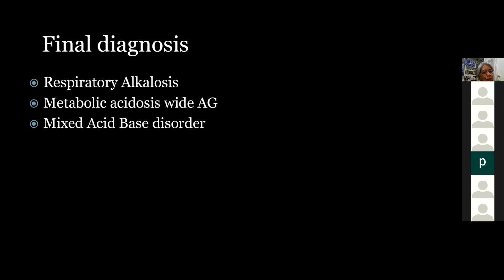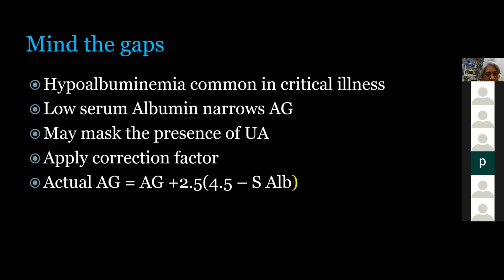So the effect of this on your management is that when you have this wide anion gap, you know that this child is more sick than what we clinically assessed, because this may be coming from part of sepsis, and that is why the anion gap is wider. So you would be more careful and aggressive in the management of this child. Hypoalbuminemia is common in critical illness. It is not just nephrotic syndrome.